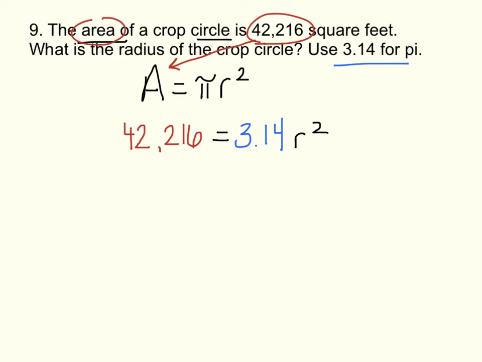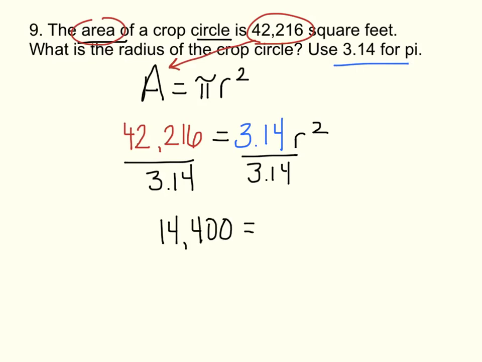Solve just a simple equation. The opposite of times 3.14 is divide by 3.14. 42,216 divided by 3.14 is 14,400. 3.14 divided by itself is just 1, so we're left with r squared. Now, this is new.